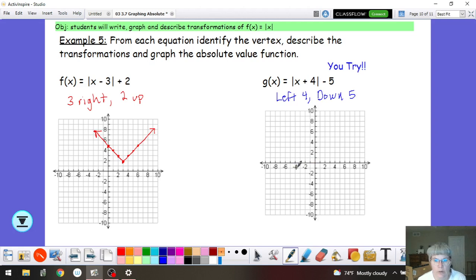So left 4, down 5. And we make that V that we've been making throughout this entire lesson. And there's our graph.